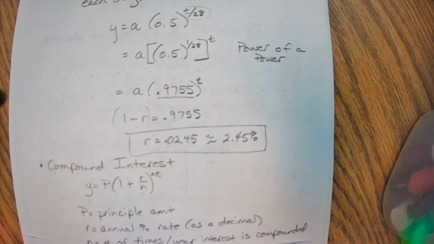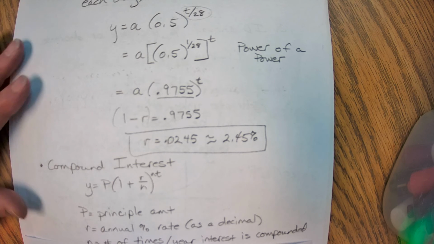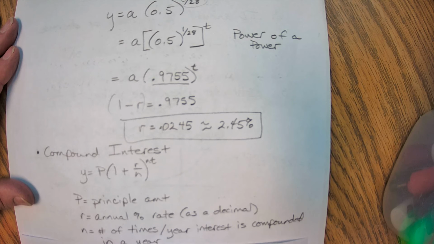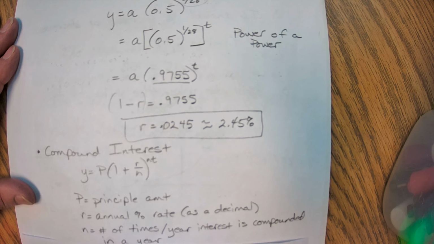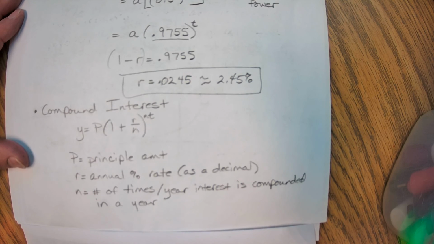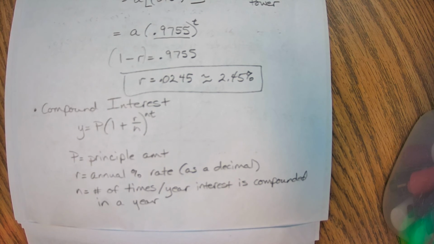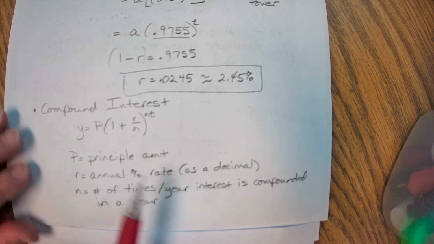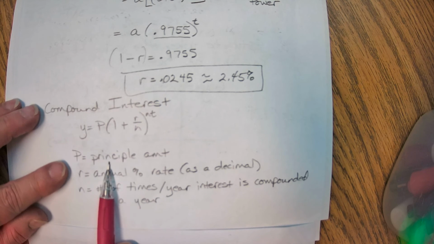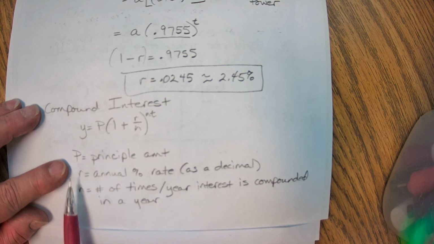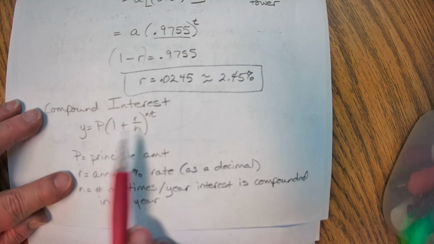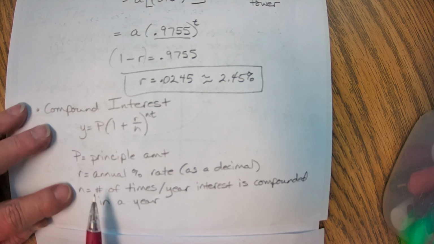Okay, another popular problem you're going to be dealing with is compound interest. And if you guys have ever taken the personal finance class that Marie teaches, I can't remember which one it is that deals with compound interest, this formula will look familiar to you. So this is the principal amount. It's the amount you start with. The annual percentage rate is R, written as a decimal.